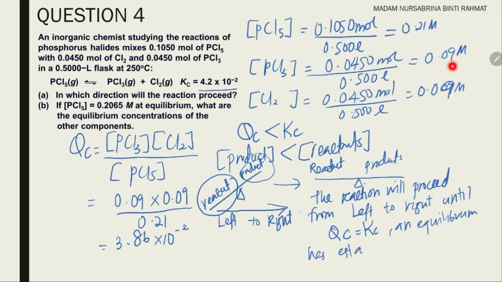That is the formal answer, and you need to write it down exactly like that, depending on the situation. Next, question B. You are given the concentration of PCl5 at equilibrium, and you need to find out the equilibrium concentrations of the other components.